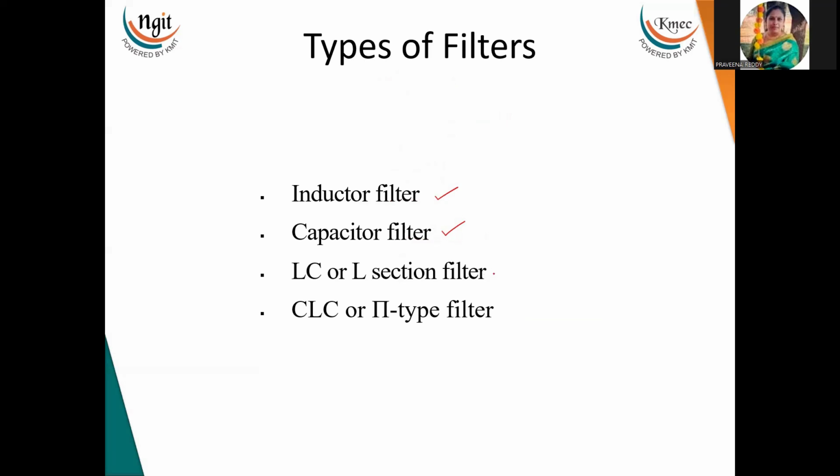Similarly, the LC filter or L section filter uses two components, L and C, and the shape looks like an L section. The fourth one is the CLC, with two capacitors and one inductor, and the shape looks like a pi. So that is a pi type filter.